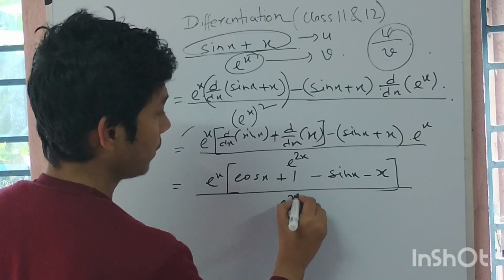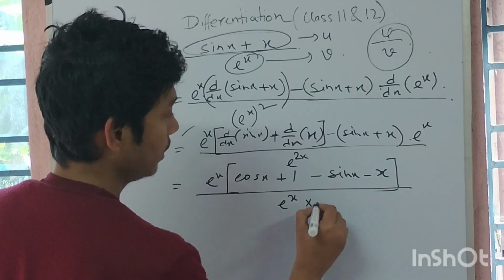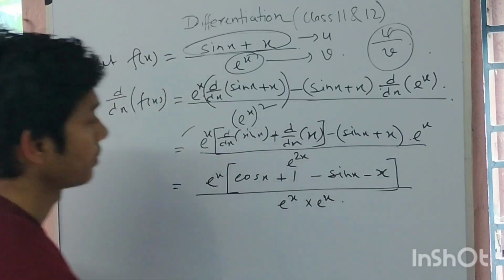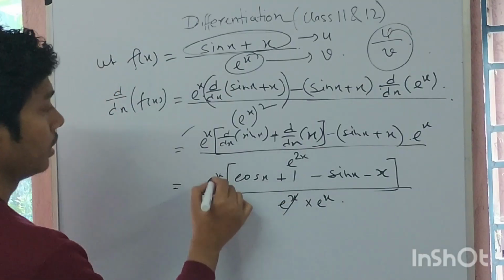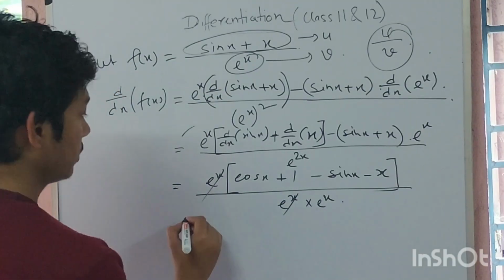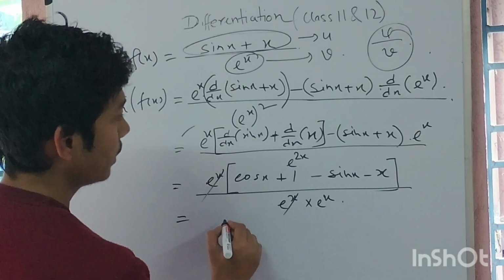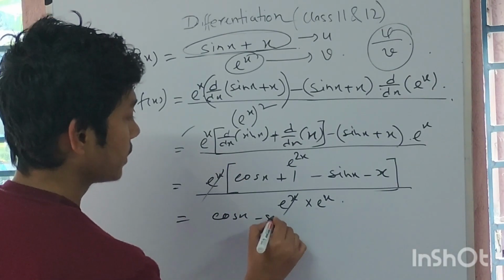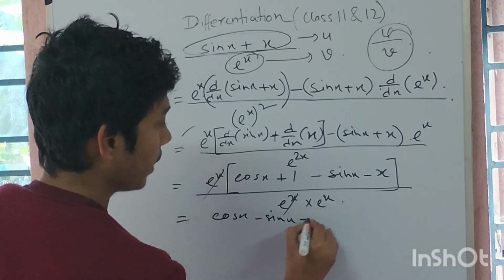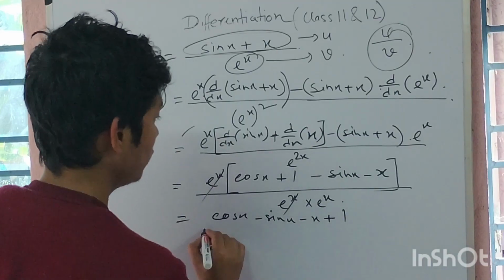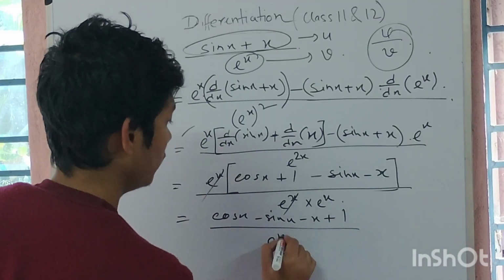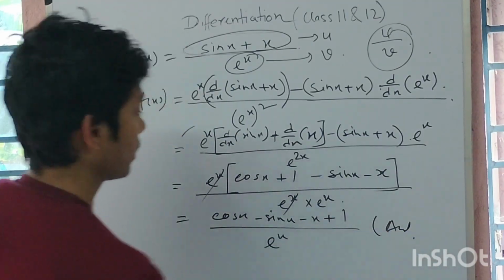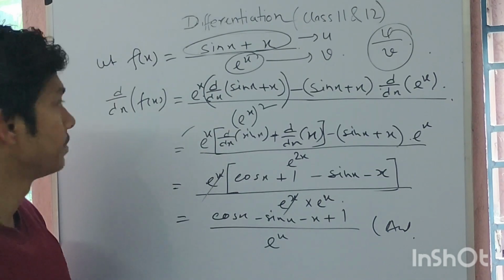It means e to the power x into e to the power x. Okay. So these two will vanish and it will be (cos x plus 1 minus sin x minus x) by e to the power x. This is my answer. Fine.